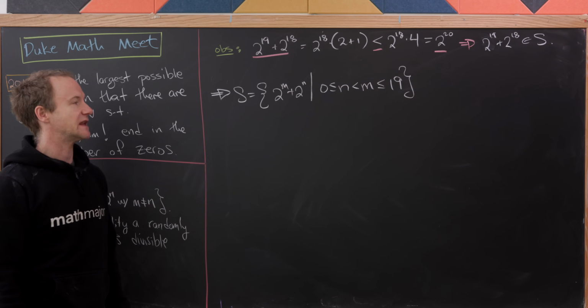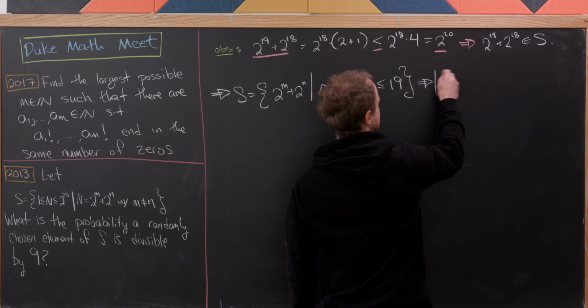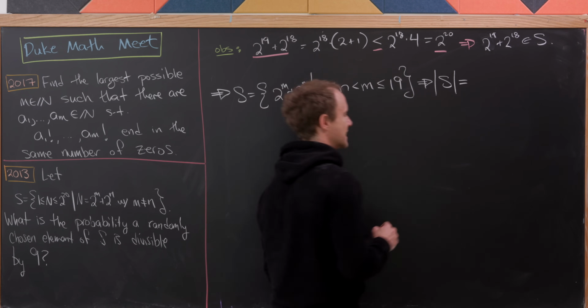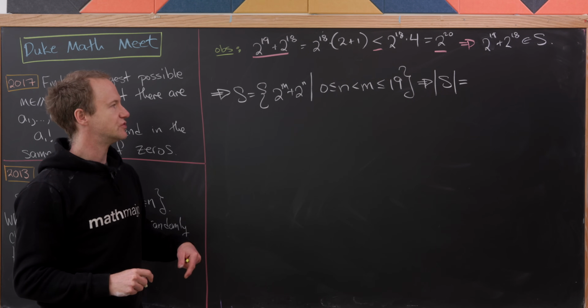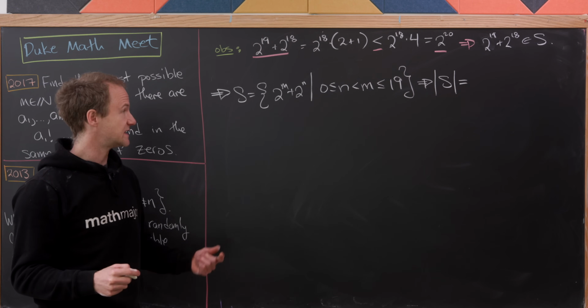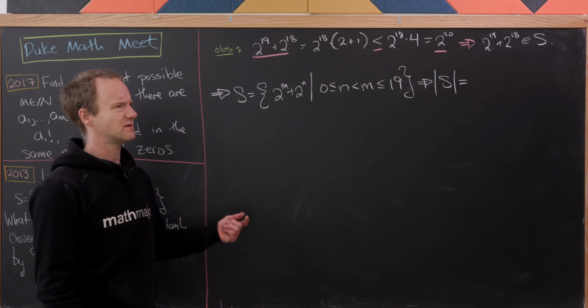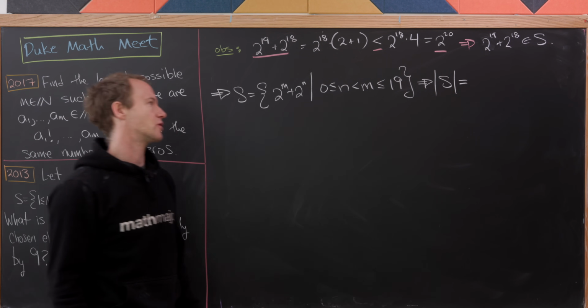But now we can easily count the number of elements in S. So the cardinality of S is, well, how do we do this? We choose two numbers from the set from 0 to 19 that are not equal. There's exactly a way to do that, and that is with a binomial coefficient.